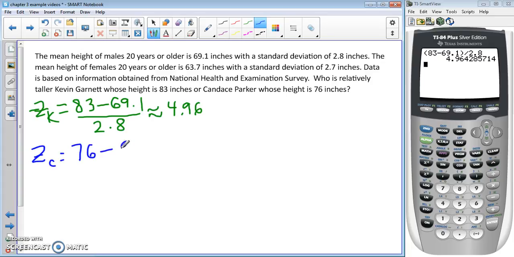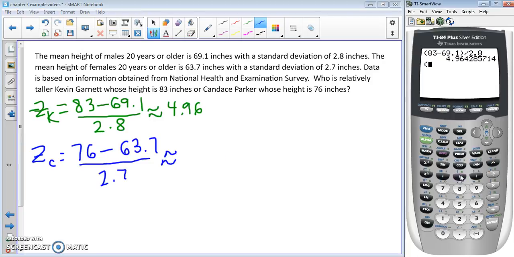The mean for females is 63.7, and then divided by our standard deviation of 2.7 there. So we have 76 minus 63.7 divided by 2.7. So just a little bit smaller here. Still both extremely large.